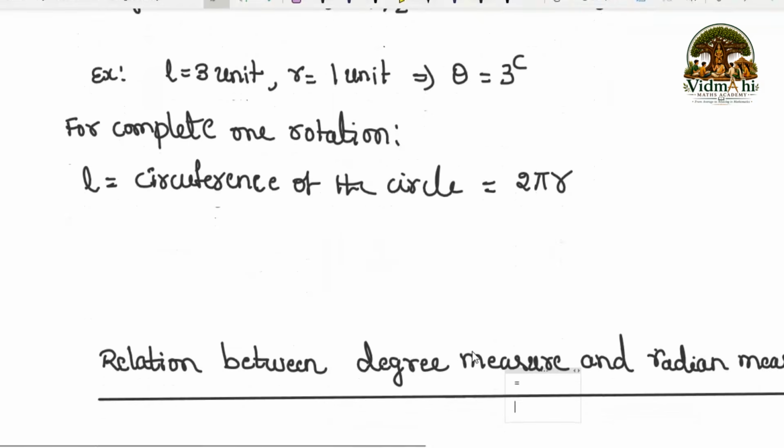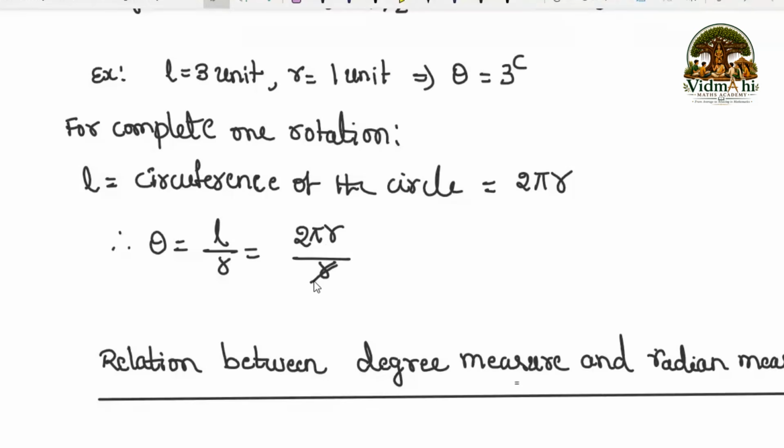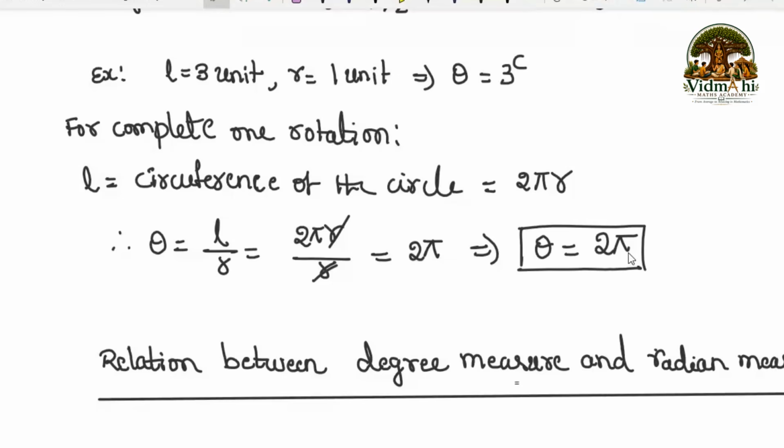Now we know the formula theta is equal to L by r. L is 2 pi r, and the radius r gets cancelled, that becomes 2 pi. So for complete one revolution, the angle is nothing but 2 pi.